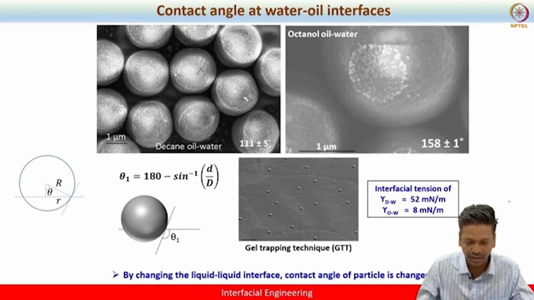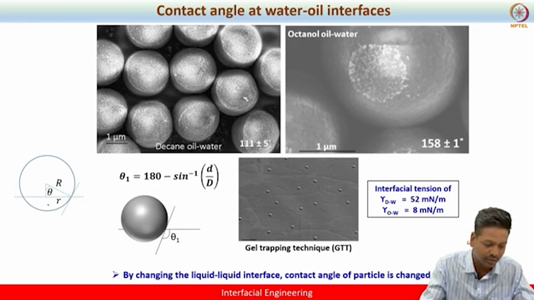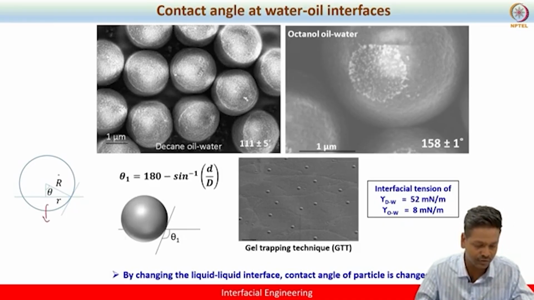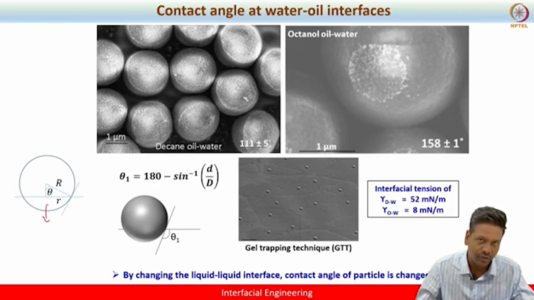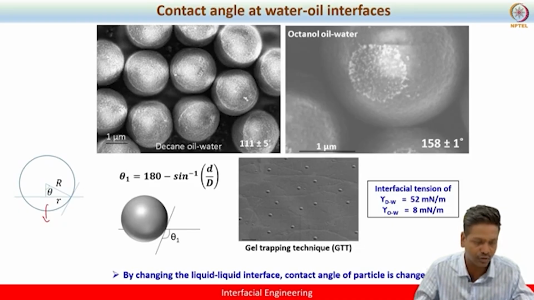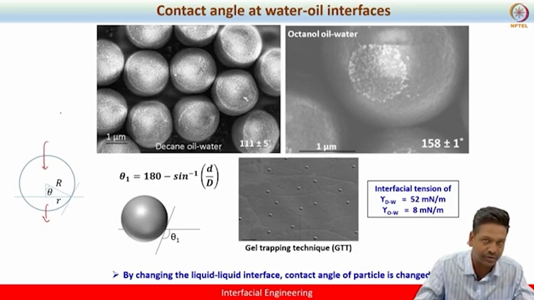A similar technique can also be carried out for the oil-water case. Here you can see that because a very small part is exposed to the water side, you will have deposition at the bottommost part of the particle. When you look from the top using scanning electron microscopy, one cannot see this easily.